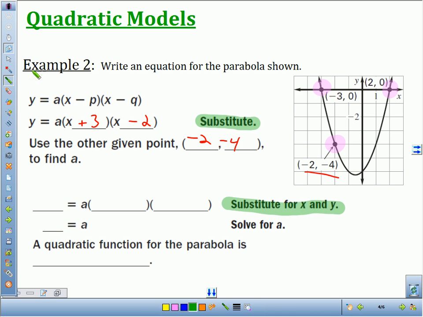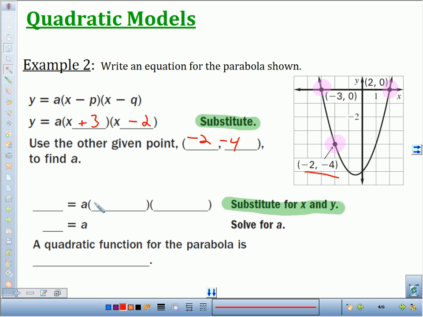So x plus 3 becomes -2 plus 3, x minus 2 becomes -2 minus 2, and of course y is -4. So we go through and we solve this equation.